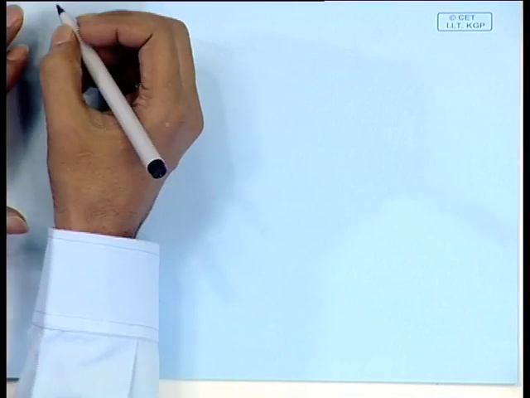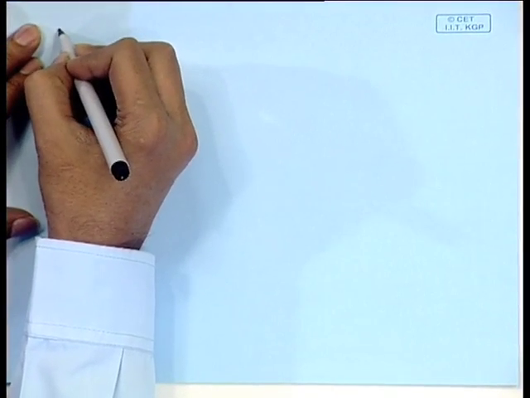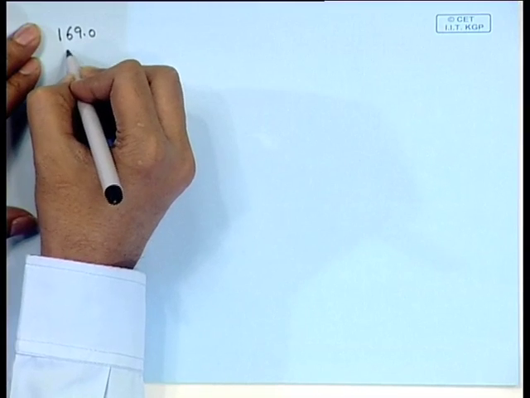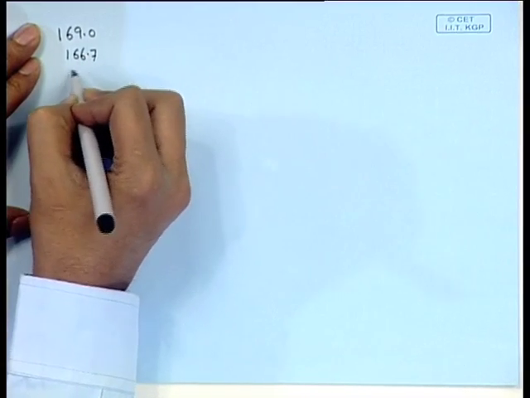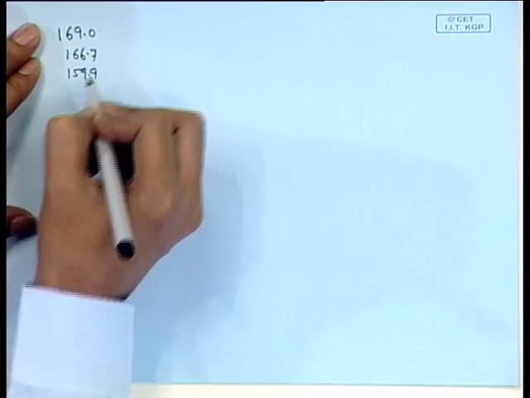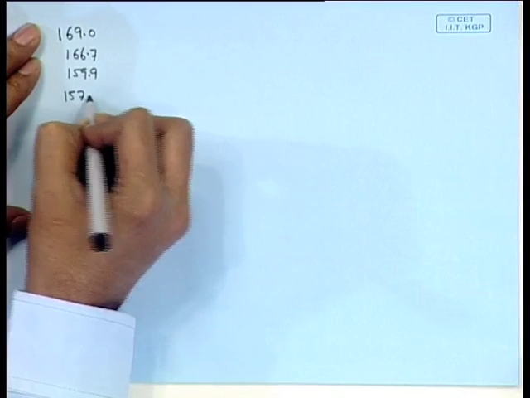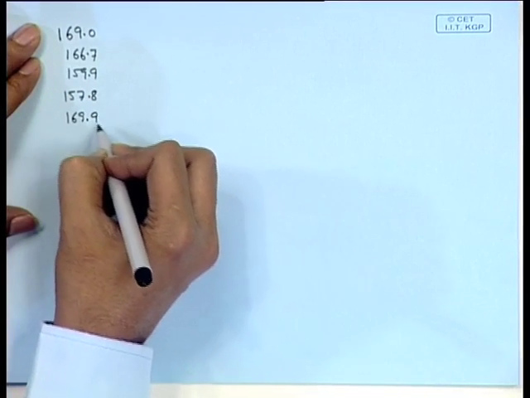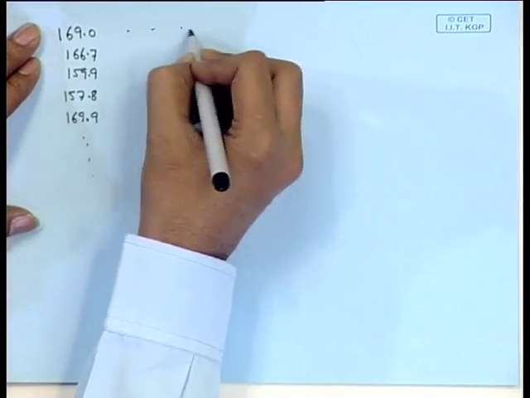The heights are recorded in centimeters of, say, Indian males. So, the heights may be in the form 169 centimeter, 166.7 centimeters, 159.9 centimeters, 157.8 centimeter, 169.9 centimeter, and so on.